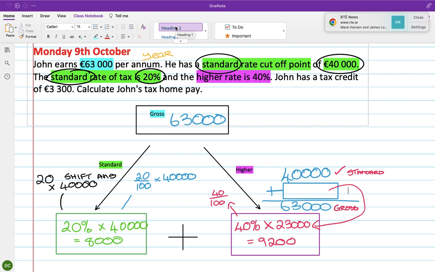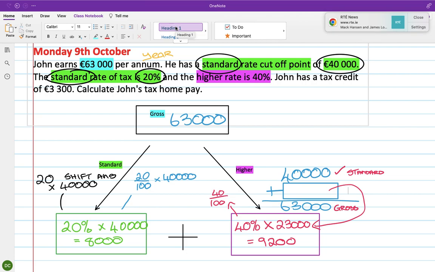Okay. So the low rate of tax is the standard. We match the standard percent with the standard money. We did all that in the green box and we figured out our percentage. The other box, the high rate, they will give you the percent, but they won't give you the money because you need to figure that out. And that is just the difference.